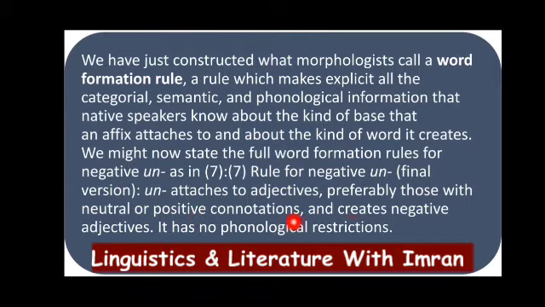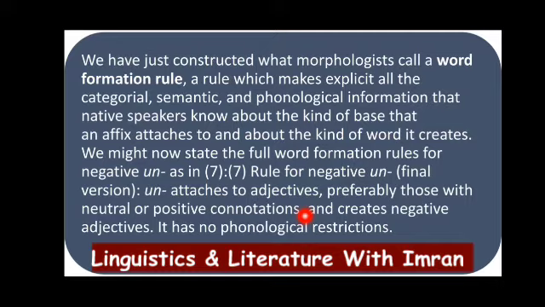So we can add un with those adjectives which are neutral or which have positive connotation, and it creates a negative adjective, right? Like you can see here that when we say happy, that is positive. Unhappy, that is a negative adjective. It has no phonological restriction, right? By phonological restriction, we mean that there is phonological variation, right? Because on the one hand, we can see happy and unhappy. So both are adjectives, right? You see that meaning changes. One is positive and one is negative.